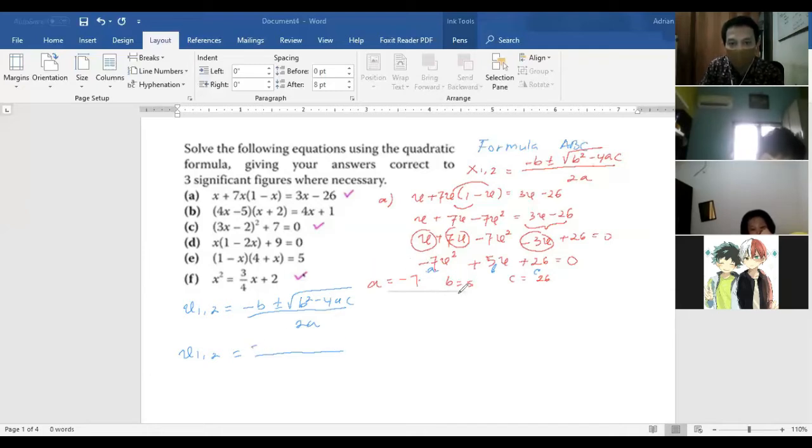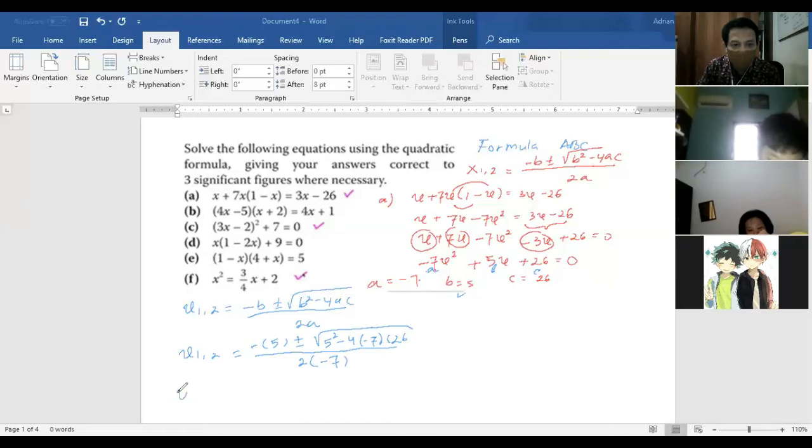So minus 5 plus minus root of b squared. So 5 squared minus 4 times a. How many is a? a is minus 7. Right? And then times c. c is 26. Divided by 2a, 2 times a. How many is a? a is minus 7.